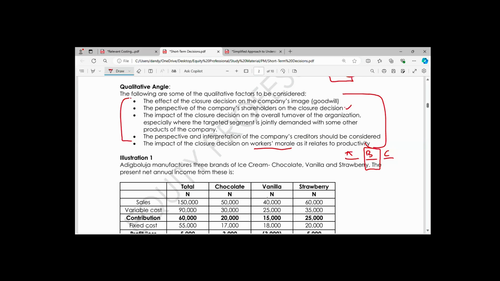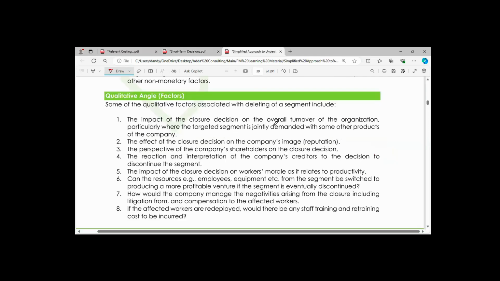If you are supposed to perform 100% on that day, you will not be happy because some of your colleagues have gone home. So that will reduce productivity. So the company will need to consider the impact of the closure decision on workers' morale, especially as it concerns the level of productivity.